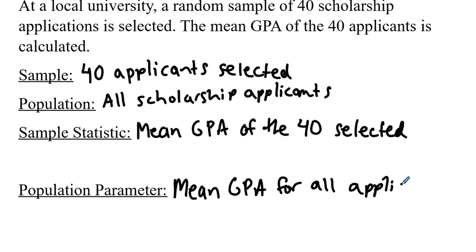It would be the average GPA for the population, which would be all applicants in this case. Maybe that mean GPA is 3.6 here, and here maybe it was 3.5. We don't really know, but it's the actual value, whatever that average GPA would be. Okay?